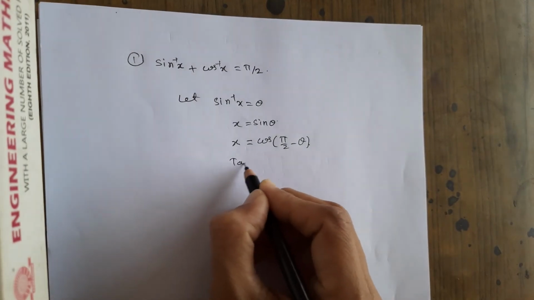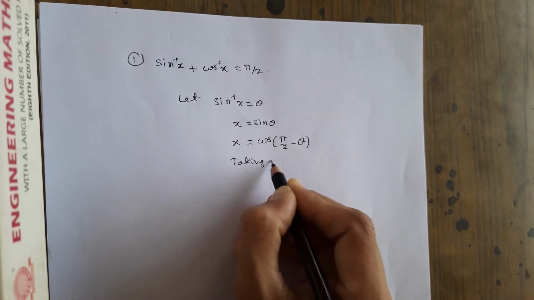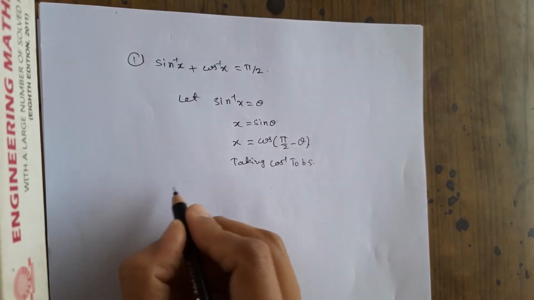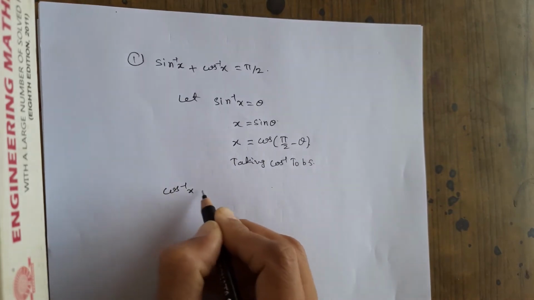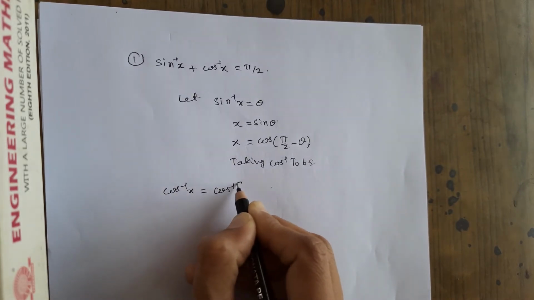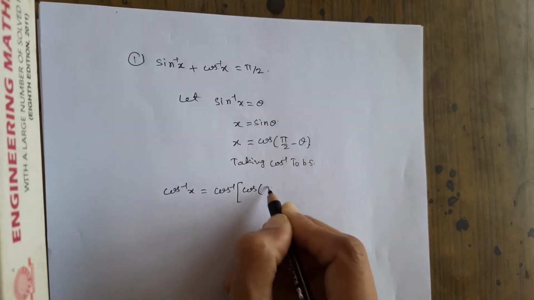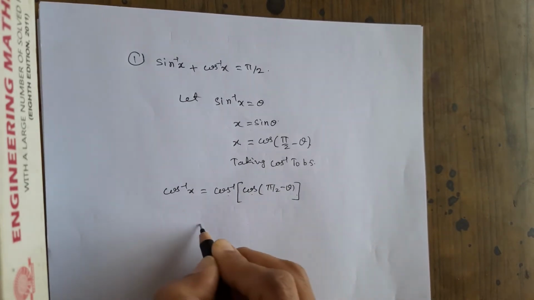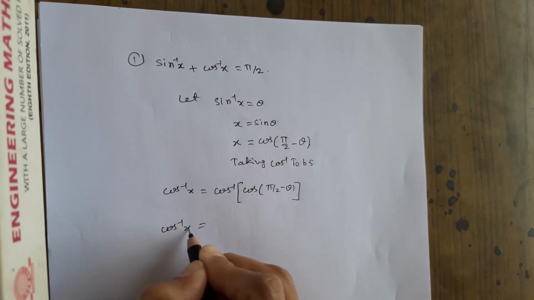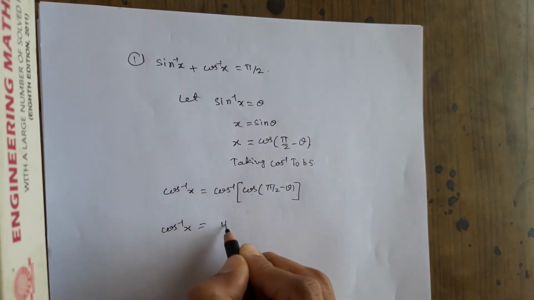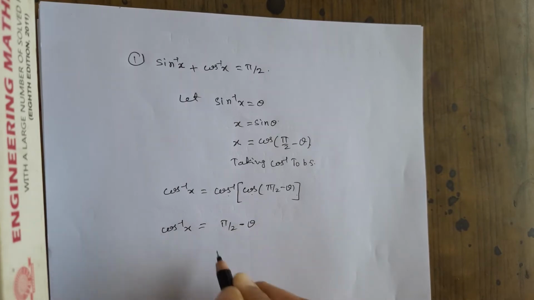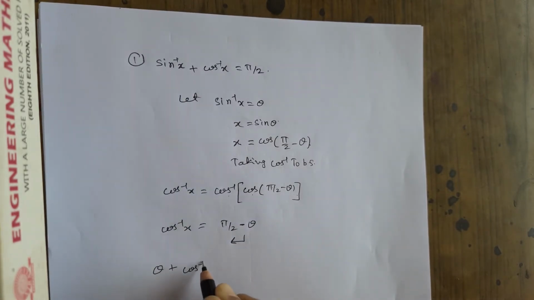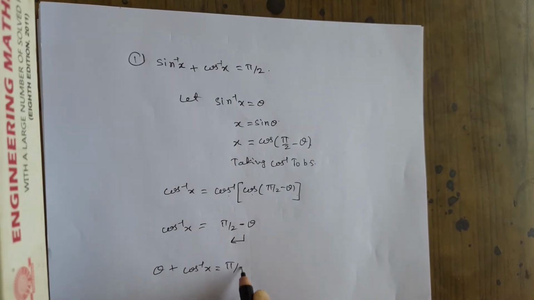Taking cos inverse to both sides, what will I get? Cos inverse x equal to cos inverse of cos of pi by 2 minus theta. This gets cancelled. What you get? Cos inverse x equal to pi by 2 minus theta. Take this theta to this side. So theta plus cos inverse x equal to pi by 2.